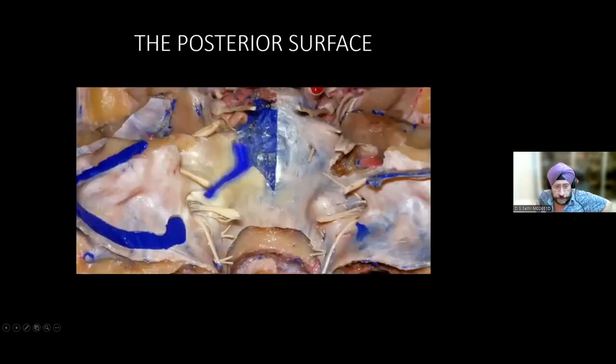So now we're going on to the posterior surface, and this is a beautiful view of the posterior surface of the petrous part of the temporal bone. And here you can see this is the IAM, internal acoustic meatus, and below that this is the jugular foramen.